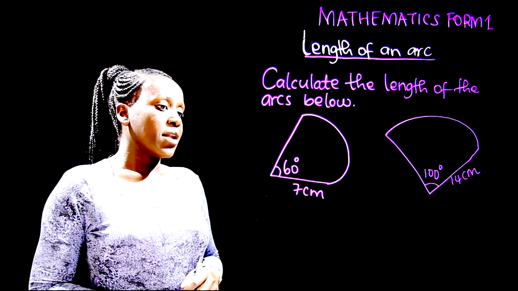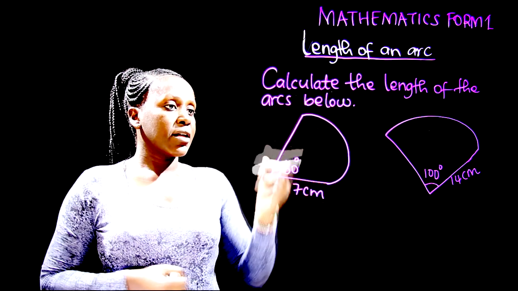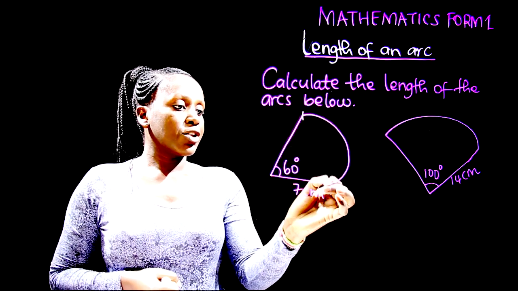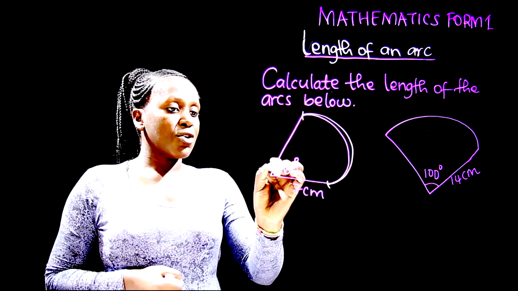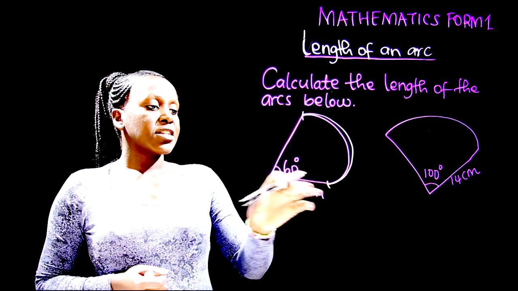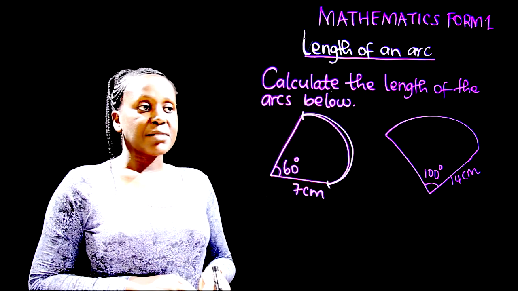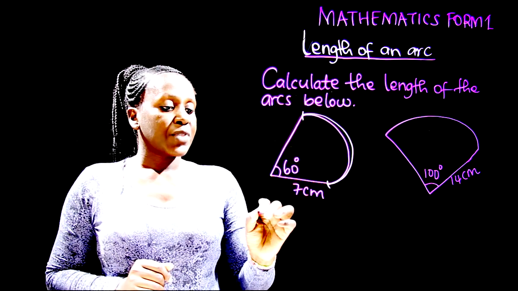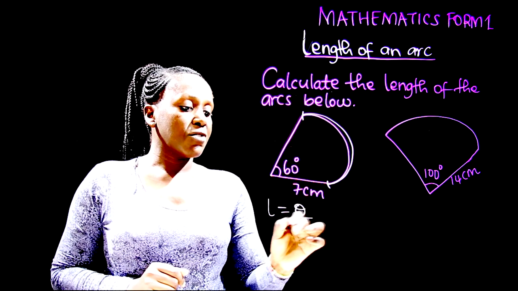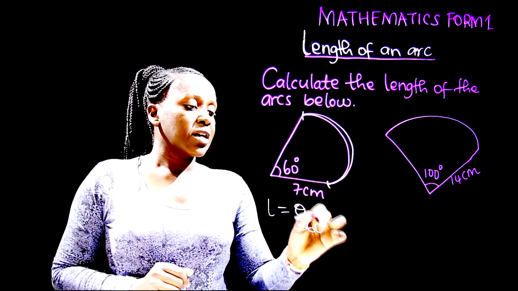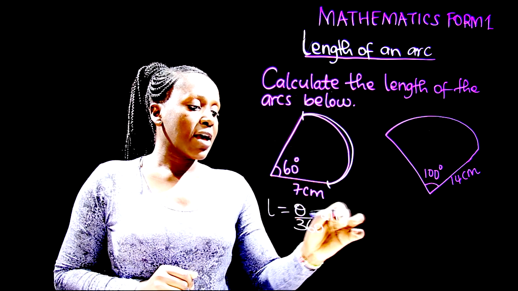In the first one, we have an arc that begins from here all the way to here, and it is subtended by an angle of 60 degrees, and the radius of this circle is 7 centimeters. So the length of an arc is equal to theta over 360 times 2 pi r.